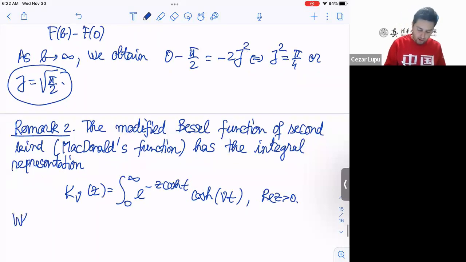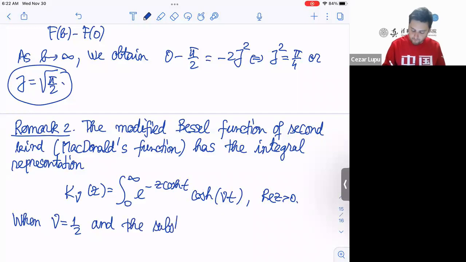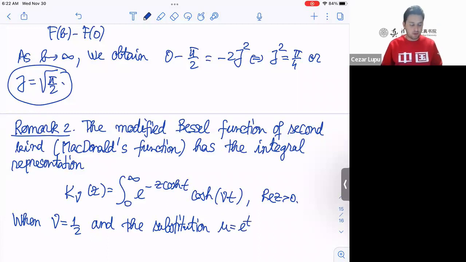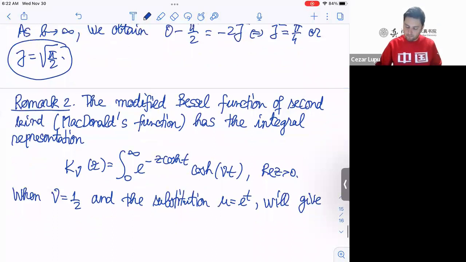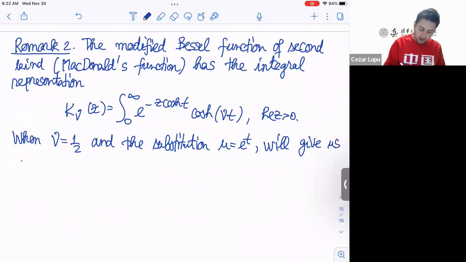So when I take nu to be 1/2 and make the substitution u equals e to the t, this substitution will give us exactly that I of a.